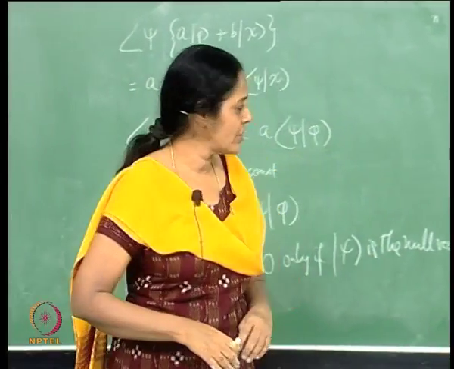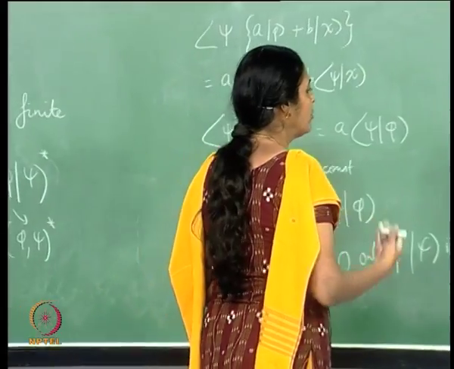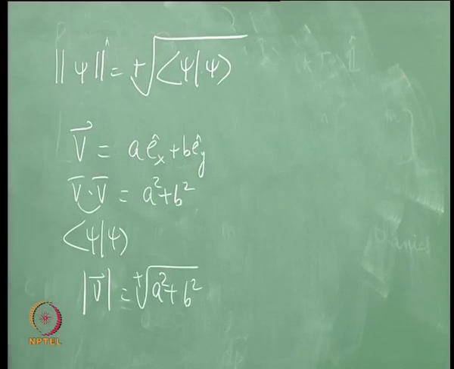So we have this inner product structure, and we are dealing with an infinite dimensional function space in the context of the commutator of x with px.